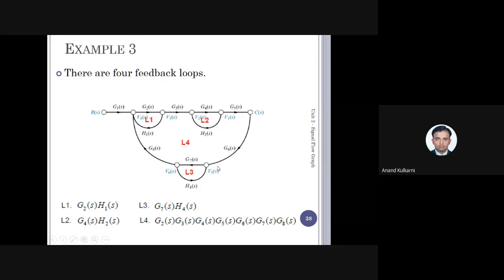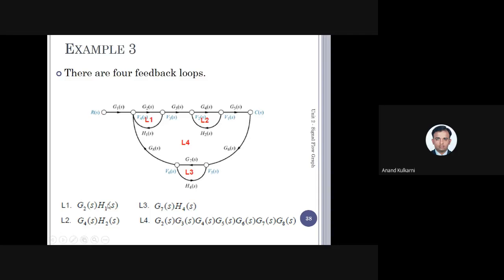Then L3 is G7H4, the third loop. Then there is one more, the fourth loop, which is the biggest loop, that is G2, G3, G4, G5, G6, G7, G8, from here to here.